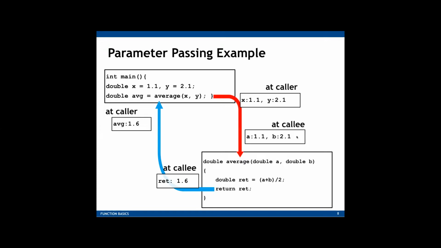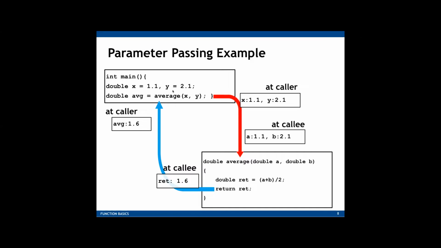The callee can also return a value to the caller through the return statement. This is a return statement. Here it returns the average value with the return keyword. Then the return value is stored in the average variable in the caller function.